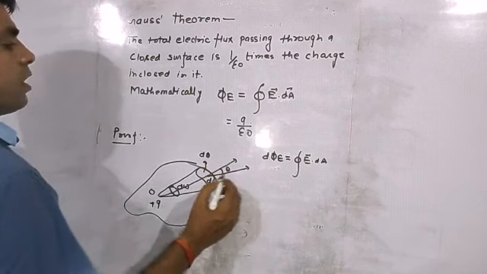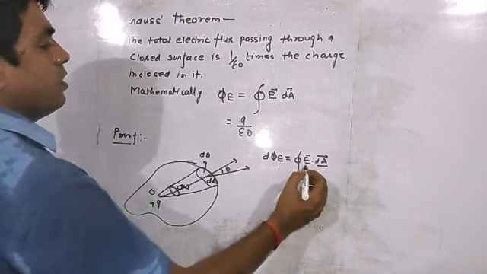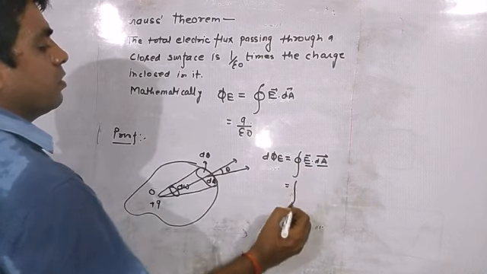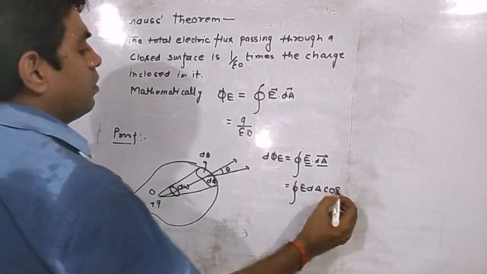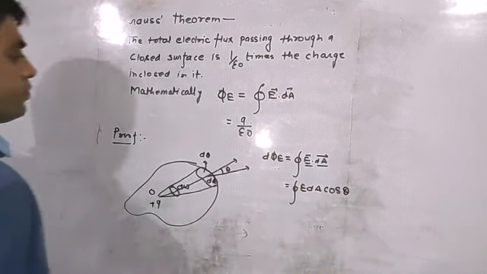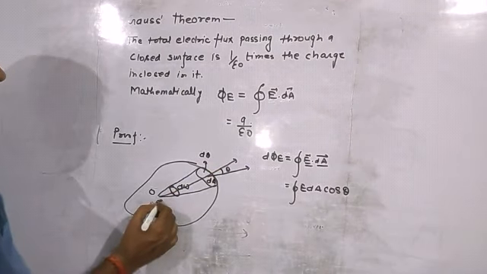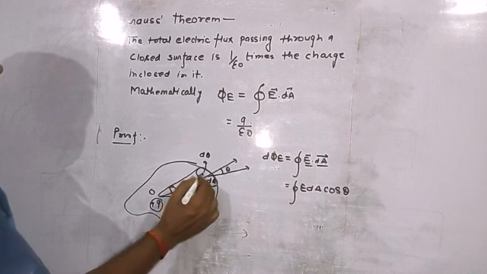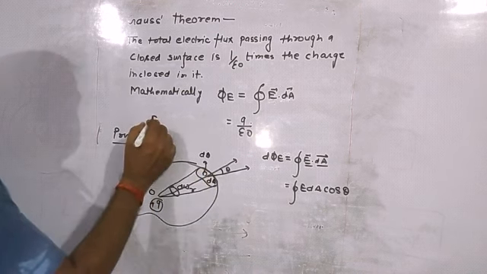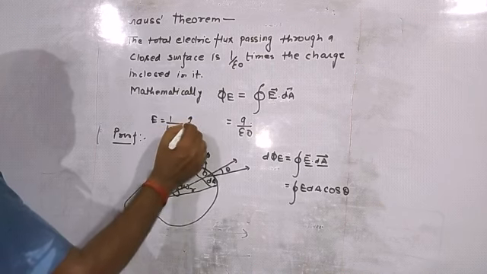Now since E dot dA may be written as E dA cos theta, what is the actual value of E? This point is placed at Q, and this point is plus Q, and at R distance at point P, the electric field intensity E is equal to 1 by 4 pi epsilon naught Q by R square.